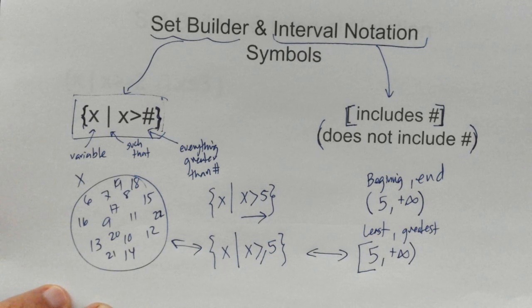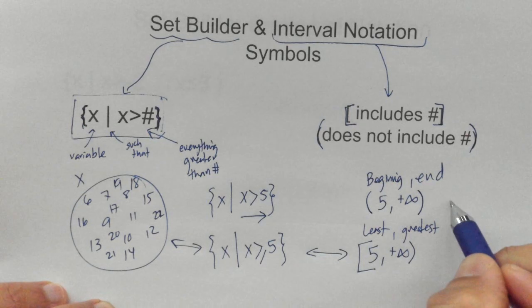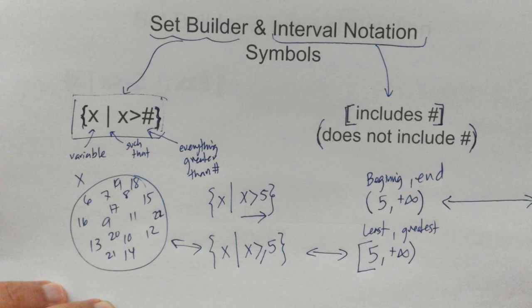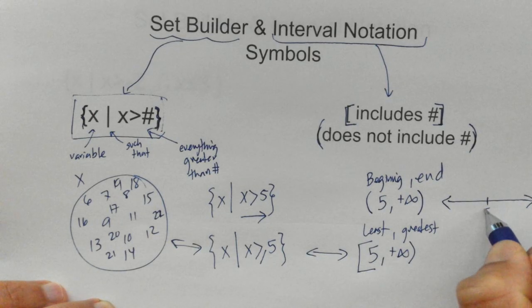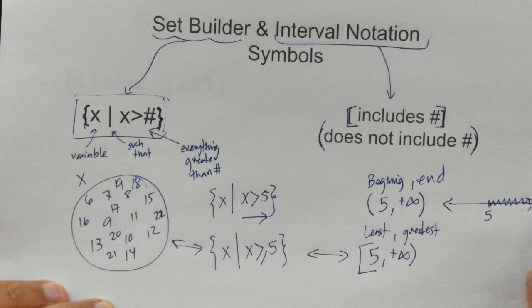I can even use a number line to describe the similarity, right? I can draw a number line here, let's say to the right side. Since I'm interested in everything greater than 5, I can put the number 5 here. And I want to shade everything greater than that value, all the way to positive infinity.